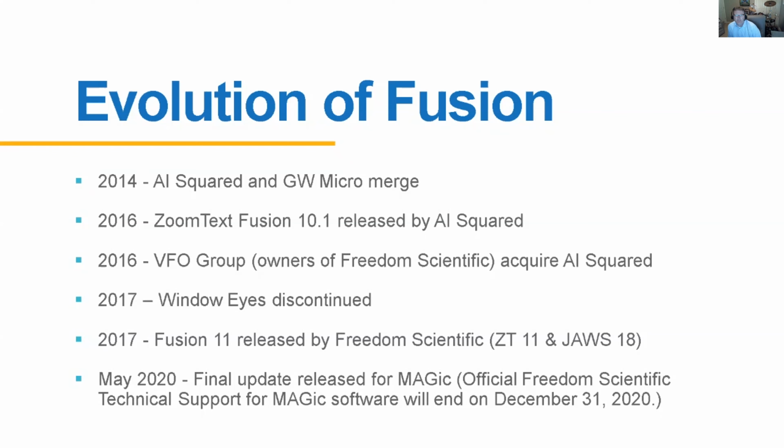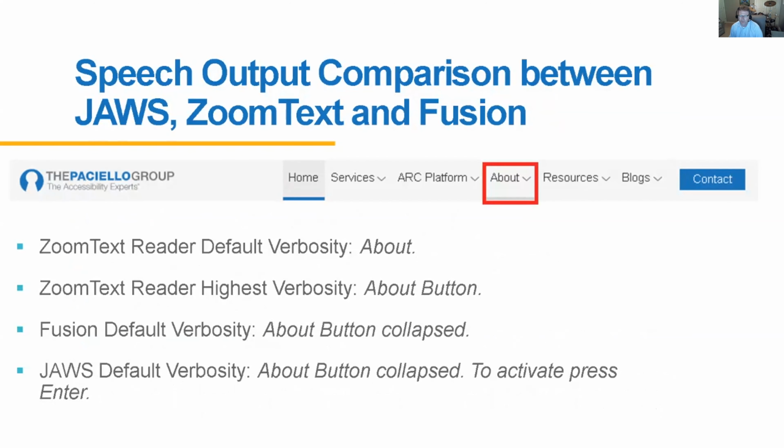And then finally, in May 2020, the final update was released for Magic. On the Freedom Scientific side, it says that official technical support for Magic will end on December 31st of this year. So that's how we got to Fusion, being composed of ZoomText and JAWS.